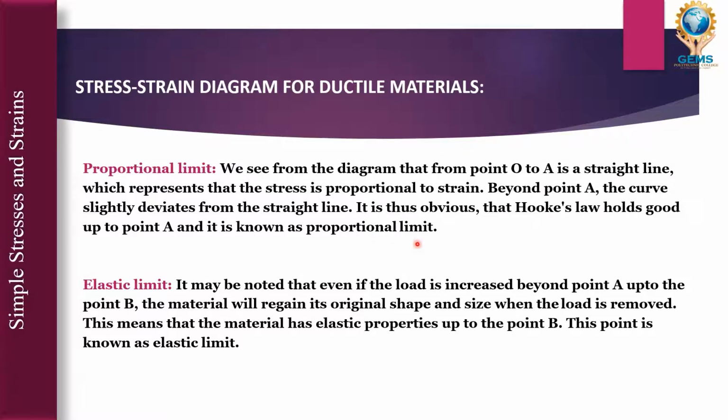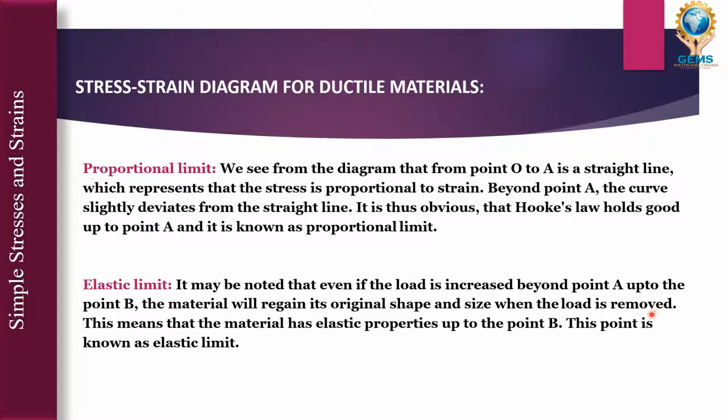That is point A. If we see point B, that is the elastic limit. It may be noted that even if the load is increased beyond point A up to point B, the material will regain its original shape and size when the load is removed.